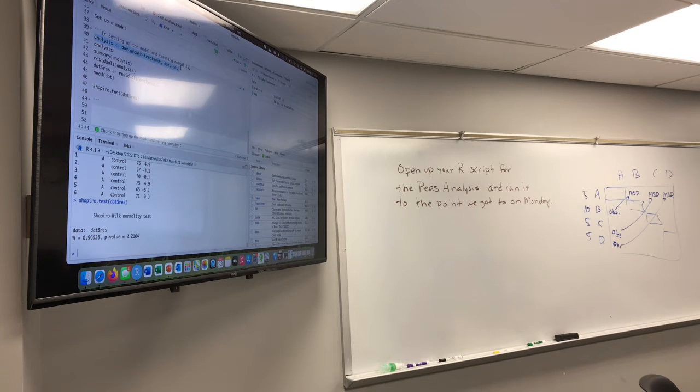Not so much for the Shapiro-Wilk test. Why do we need the model specified for the Shapiro-Wilk test? Yeah, but what is the model going to give us? Claire, help him out.